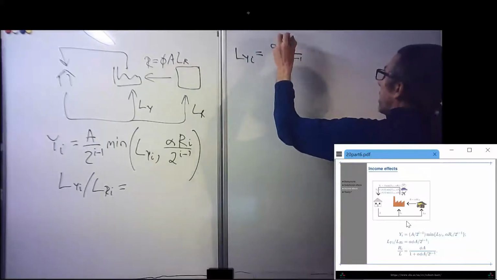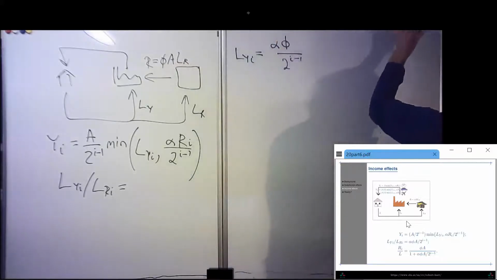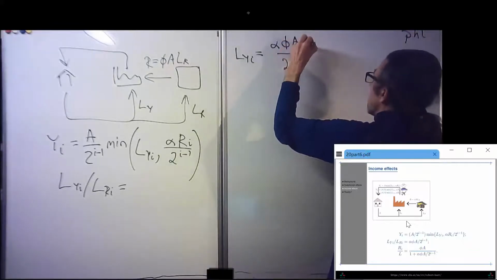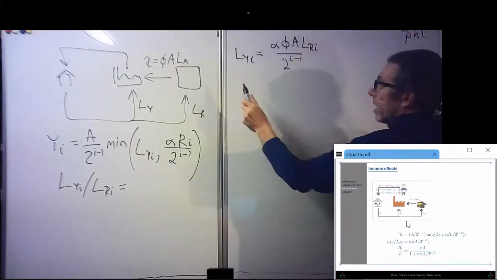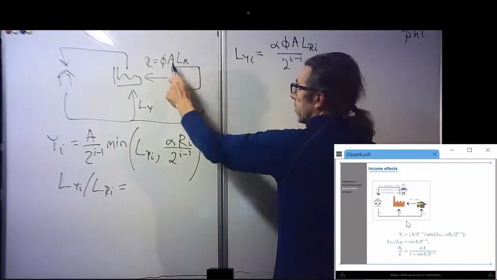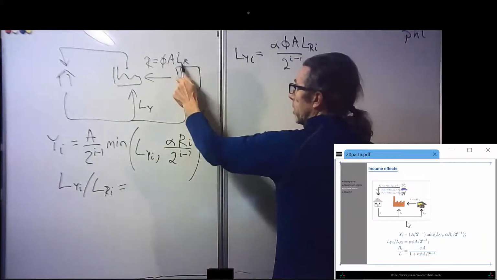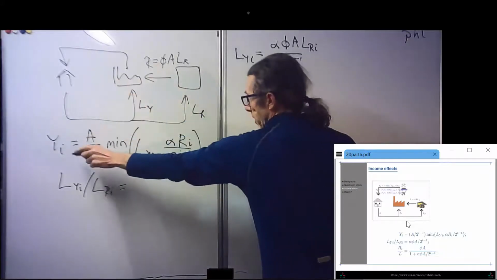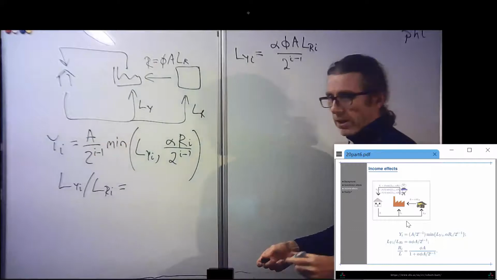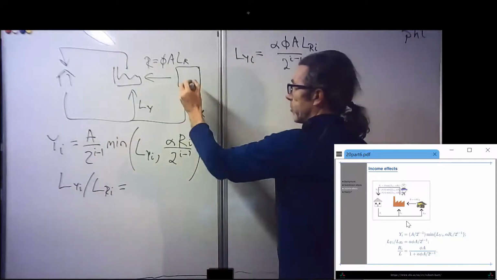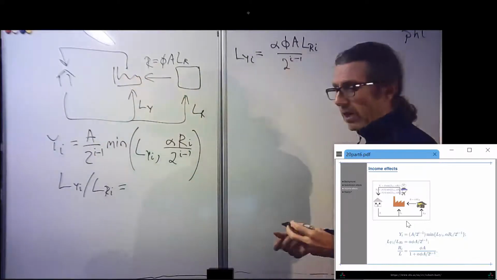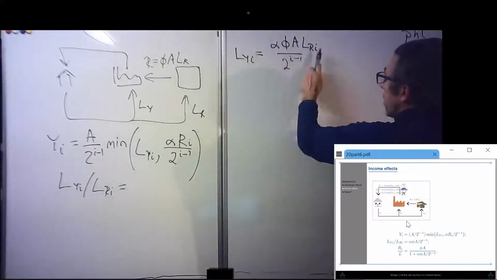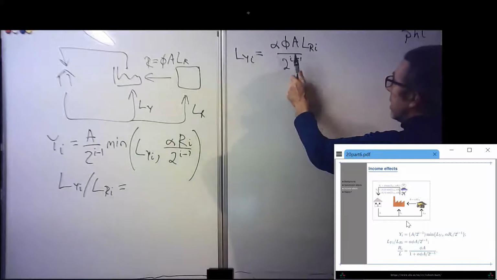Alpha phi A L_RI, where L_RI is the amount of this labor that is working to produce the R that is used by the firm to make product I. It's the sort of labor here which is attributable to the specific product I. So that should be our expression.